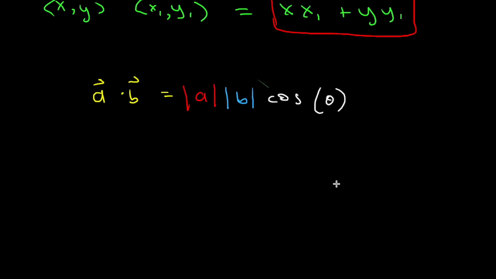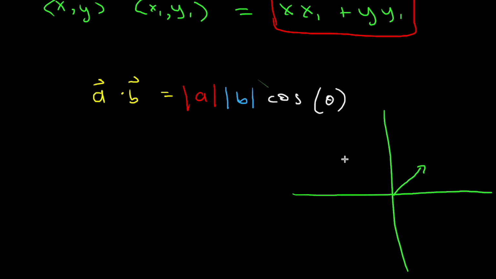This I'll graph to make it a bit easier. So we have vector a, I'll do this in a different color. Vector a, we have vector b, and then we know that this is theta, and this is the length of b, this is the length of a, the magnitude of a.